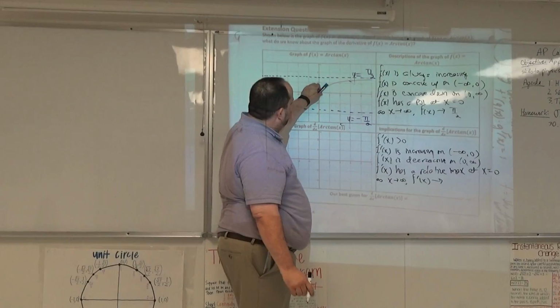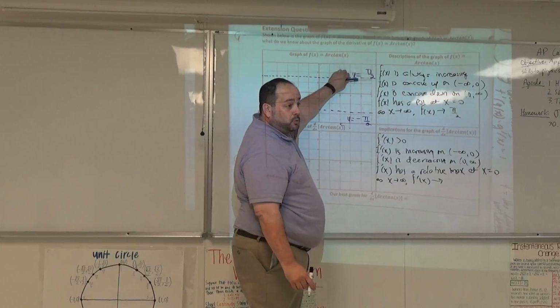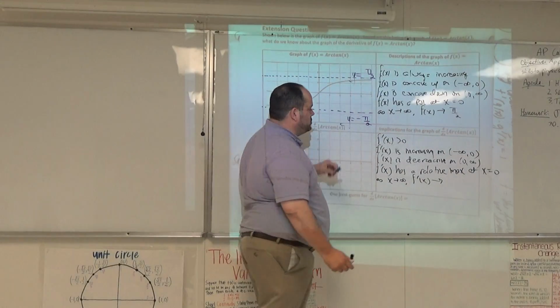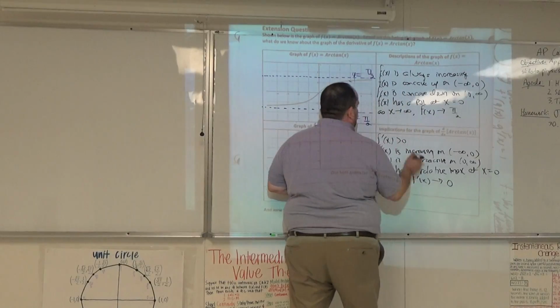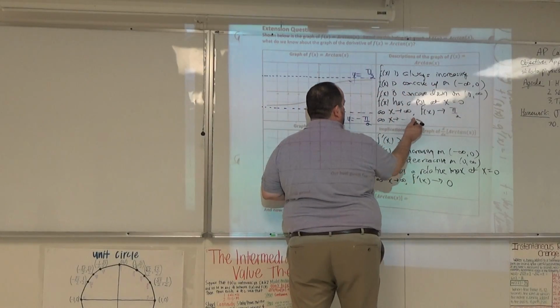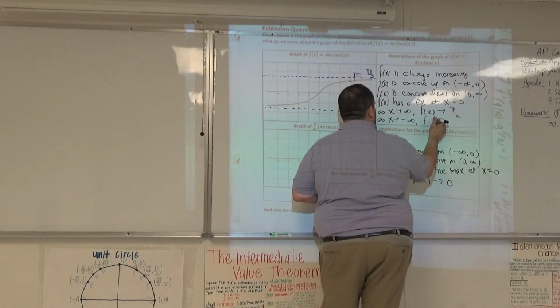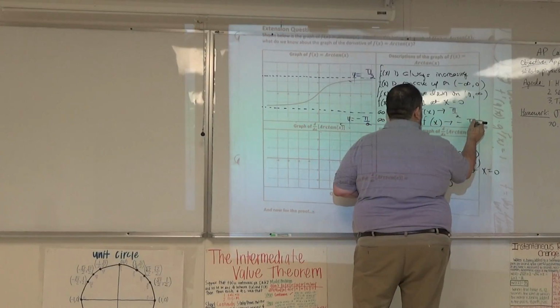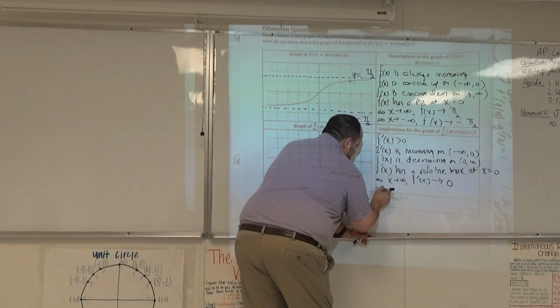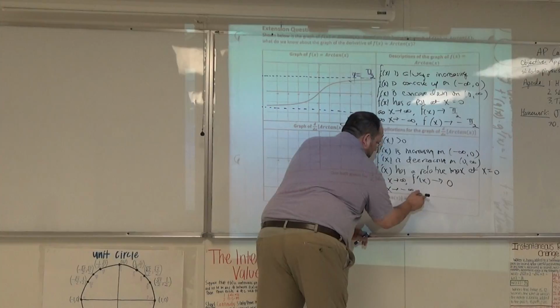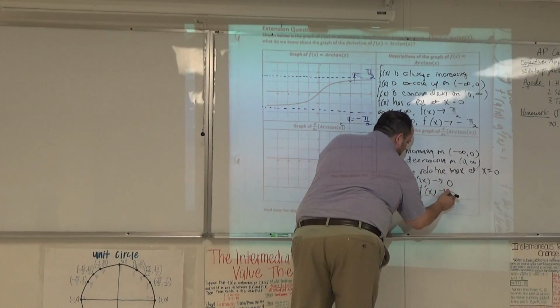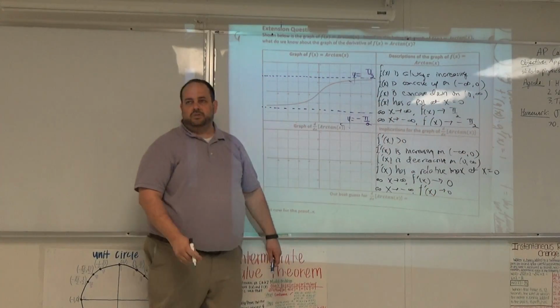And that kind of gets to Myra's point earlier that the slopes were decreasing. They were getting closer to 0. And I could also say as x approaches negative infinity, f of x approaches negative pi over 2. So here, as x approaches negative infinity, f prime of x approaches 0.